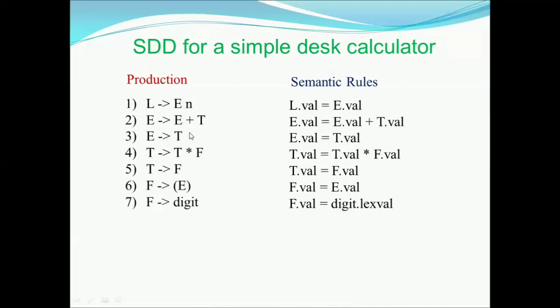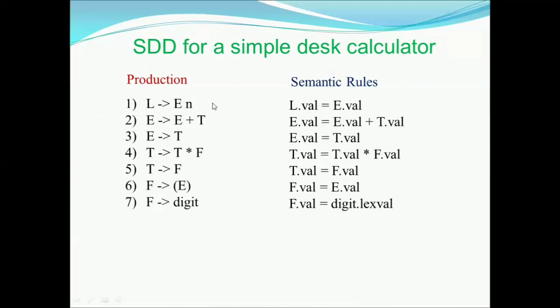Similarly, if I say E tends to T, the value of T will be passed to E. That's why we write E dot value is equal to T dot value. Similarly, E tends to E plus T. The rule to evaluate this particular node is E dot value plus T dot value.